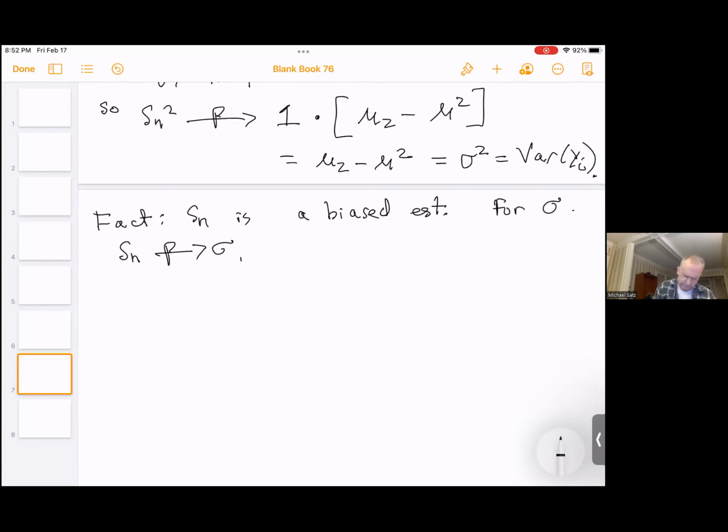And this is for the case above, right? For the case above where we know that Sn squared, where we have finite first 4 moments.